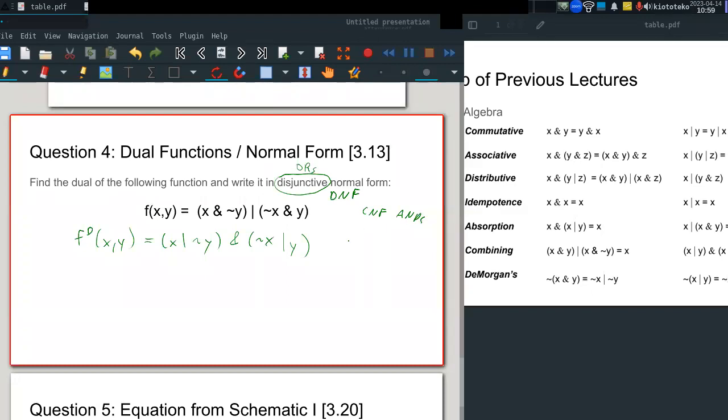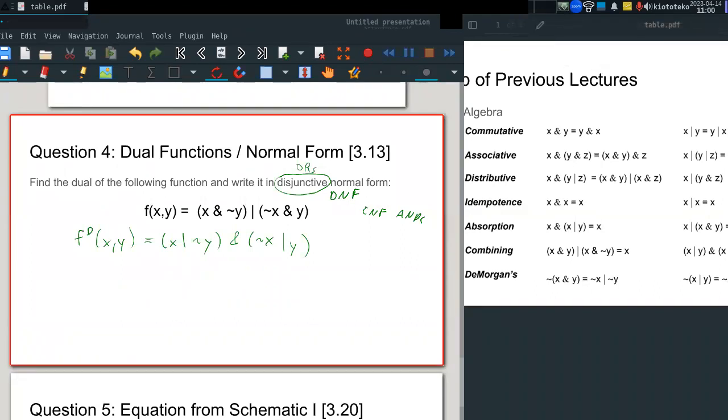Now the normal form always has all the literals in each of the terms or parentheses. Again, this function uses only x and y, so x and y should be in all terms separated by these ands, or ors in the disjunctive normal form, and this should be a unique expression that describes this function.